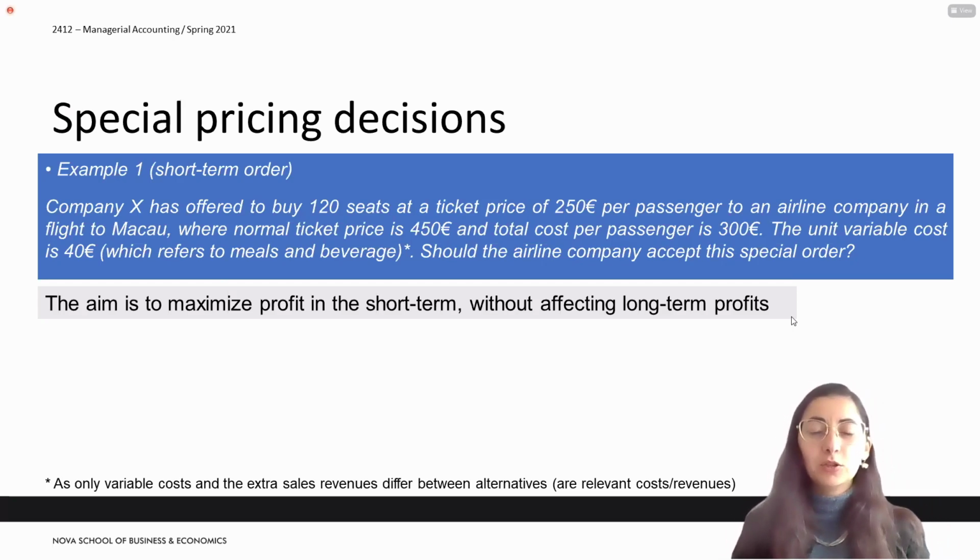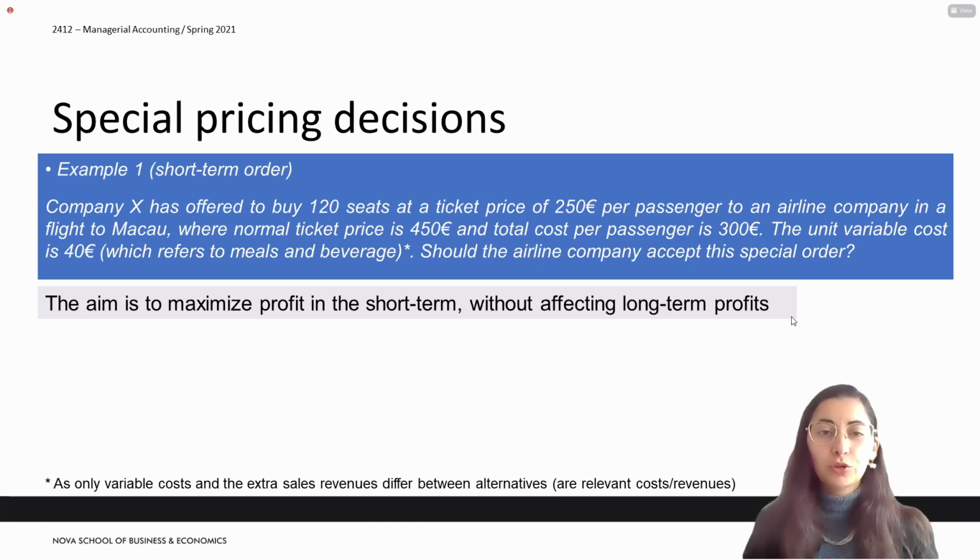So we have here a special pricing decision, for a short-term order. Company X has offered to buy 120 seats at a ticket price of 250 euros per passenger from an airline company on a flight to Macau, where the normal ticket price is 450 euros and the total cost per passenger is 300 euros. So the airline received an offer from company X for 120 seats, and they are only offering to pay 250 euros.